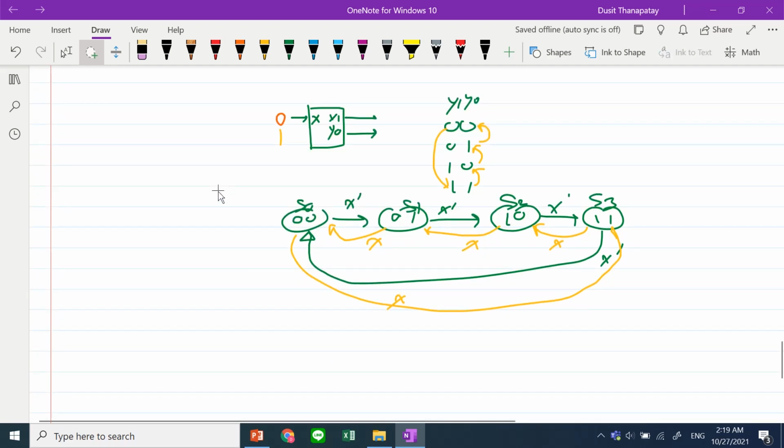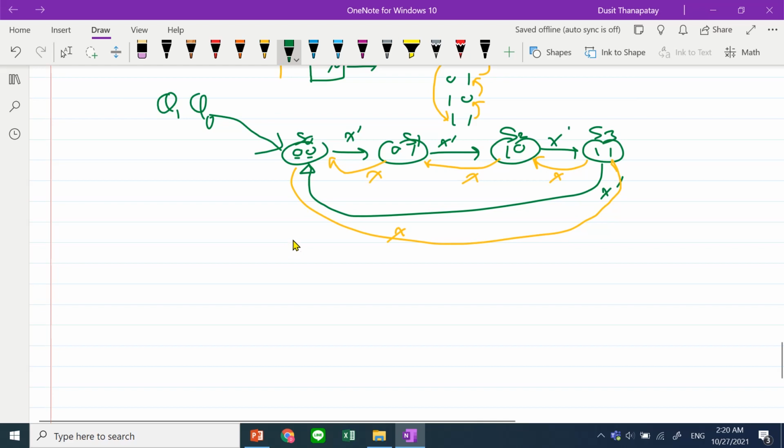From this state diagram, maybe we use 2 bits of this. Let's say Q1, Q0 for this bit and this bit, respectively.